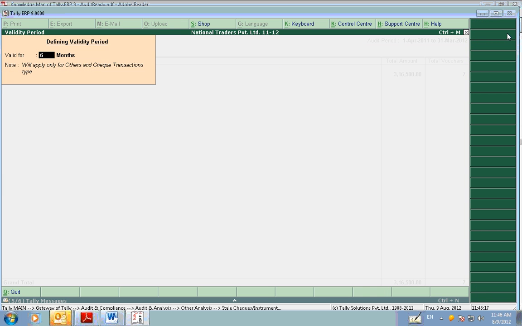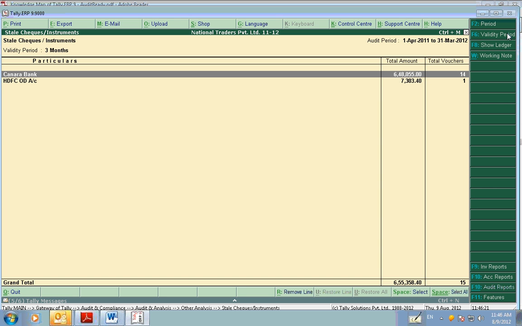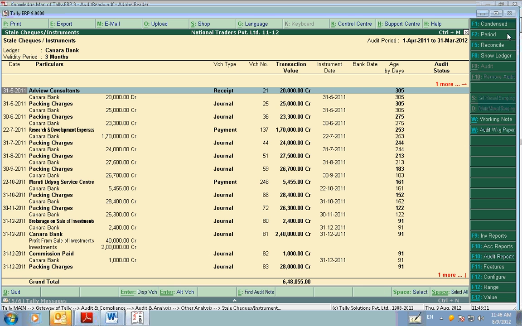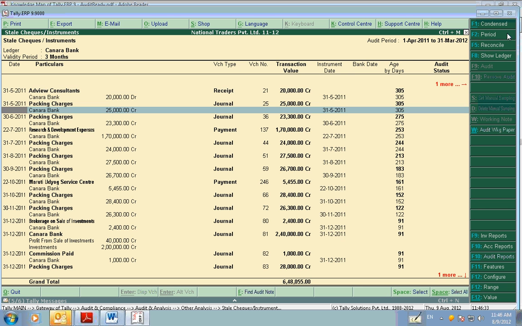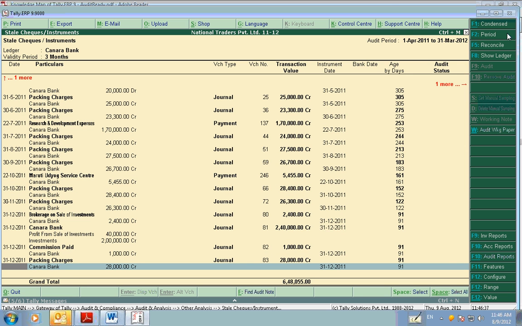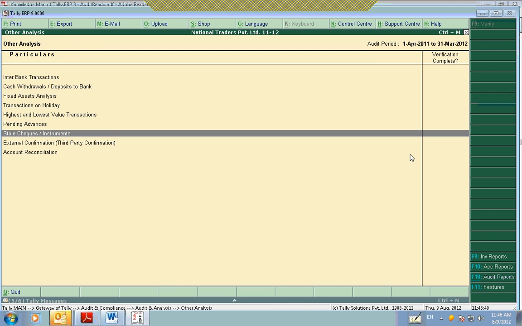You can just filter on this validity period of 3 months. So for the entire list, it appears like this. Among these cheques, like Canara Bank, HDFC Bank details, you have so many transactions within this particular 3 months. You can accordingly audit and account for them and see that none of these cheques become stale cheques.